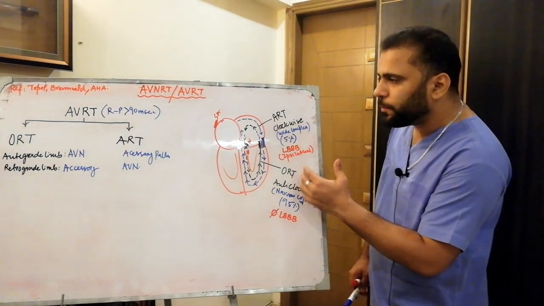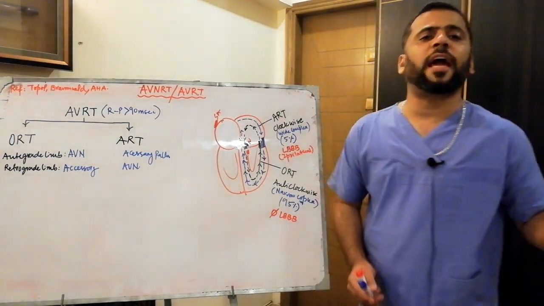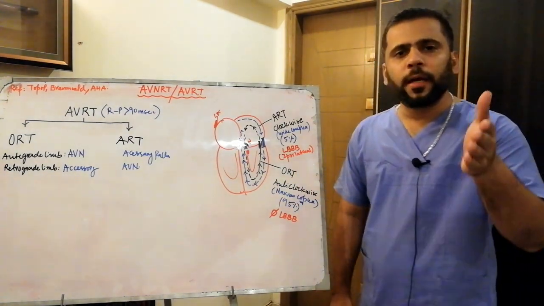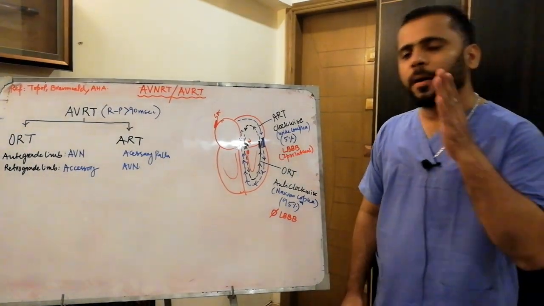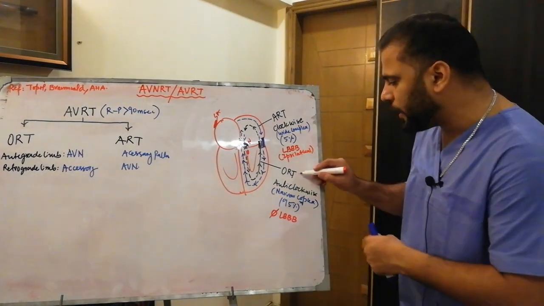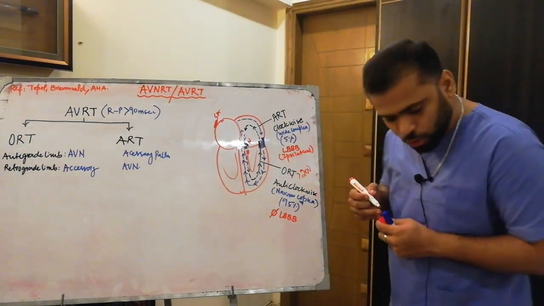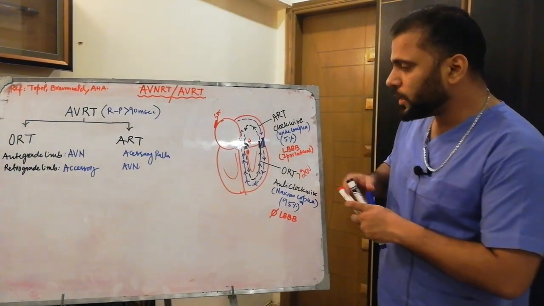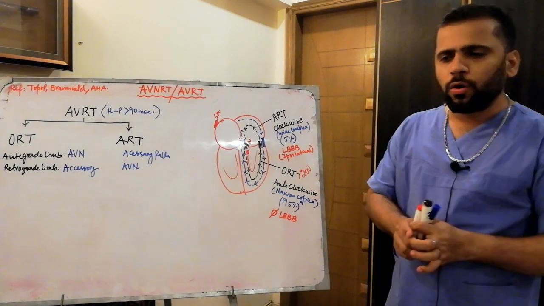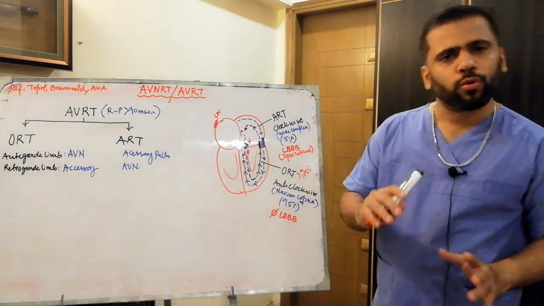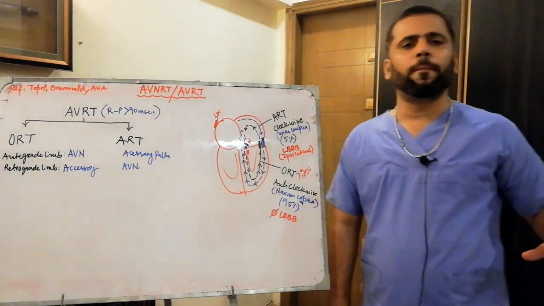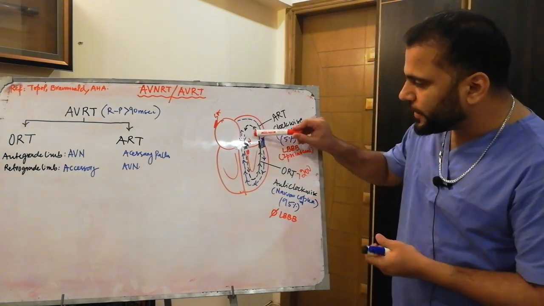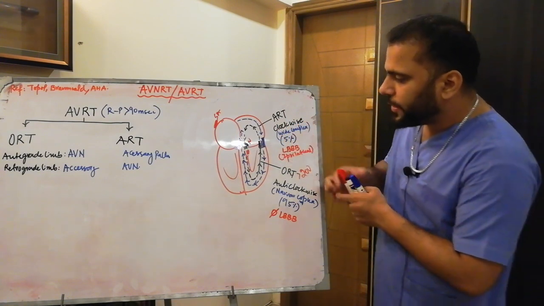So the differentiation between ORT and AVNRT is actually very difficult. Why? Because ORT would also be a narrow complex regular tachycardia, but most of the time ORT rate should be more than 200. As you are appreciating, it is going anti-clockwise.